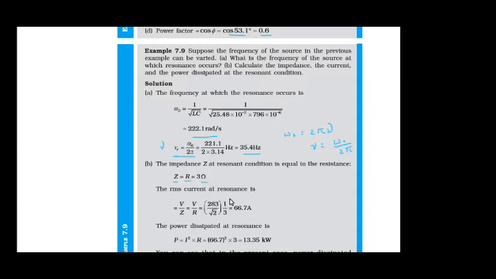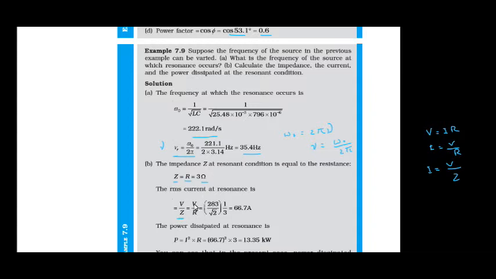The RMS current at resonance is equal to V by R. How to remember? V is equal to IR, so I is equal to V by R. In case of resistance it is this, and in case of impedance we can write I is equal to V by Z.